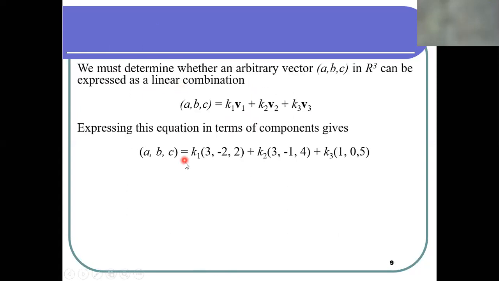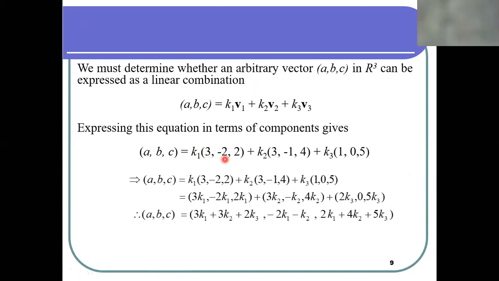So you just plug V1, V2, V3 in here and solve this, and compare the x coordinate with a, the y coordinate with another expression in terms of k. So ultimately you will get this. You compare the x component with the x coordinate, the y coordinate with the second, and c with the third coordinate of the right hand side.